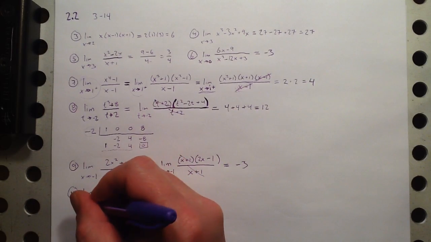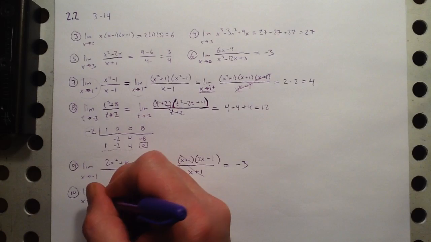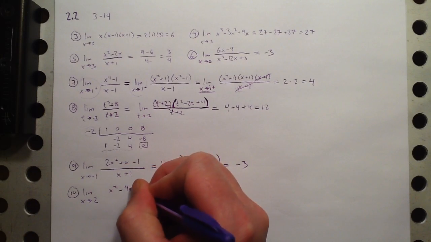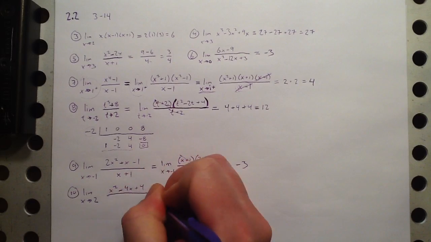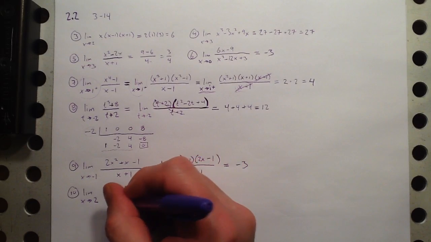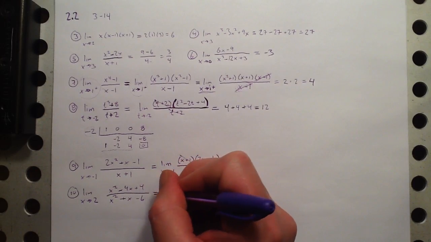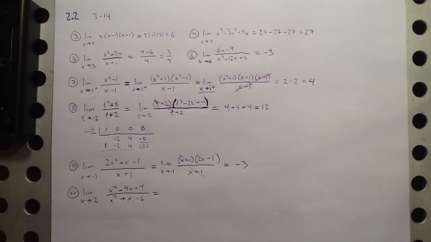The limit as x approaches 2 of (x squared minus 4x plus 4) over (x squared plus x minus 6). All right, let's check out this 2 and see what happens. 2 squared is 4, minus 4 times 2, that's minus 8, plus 4.